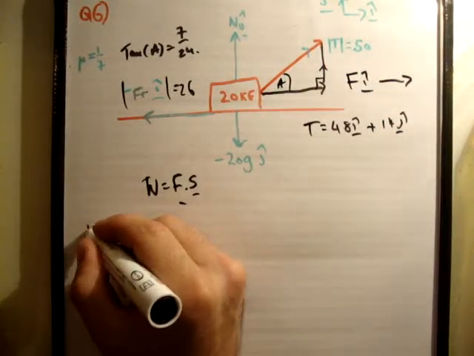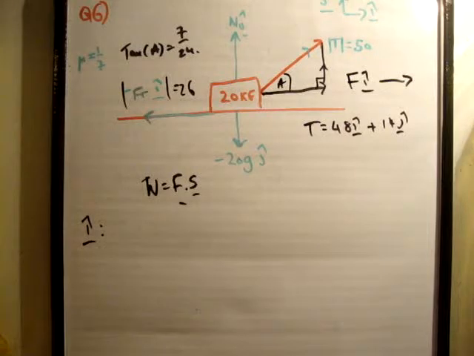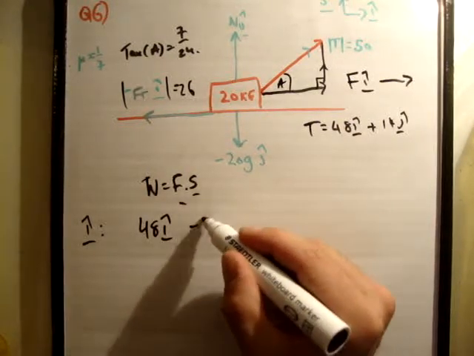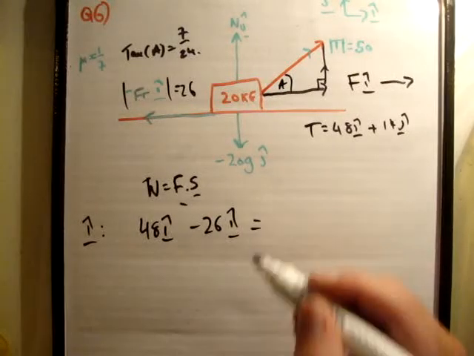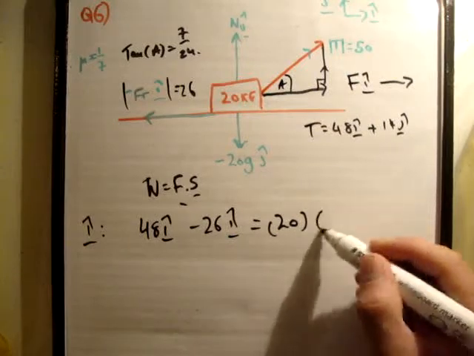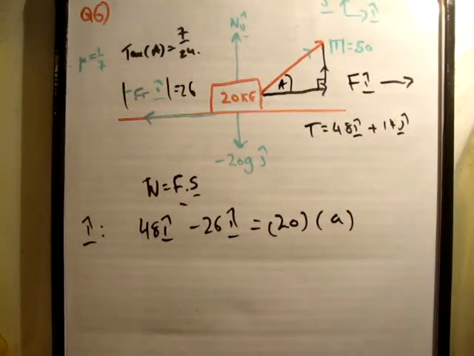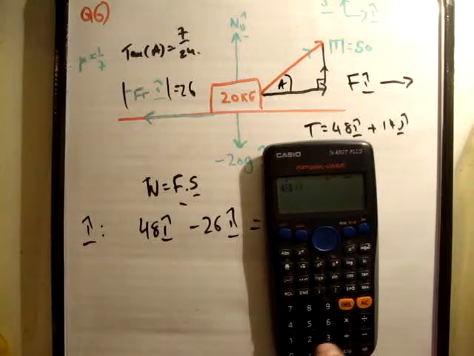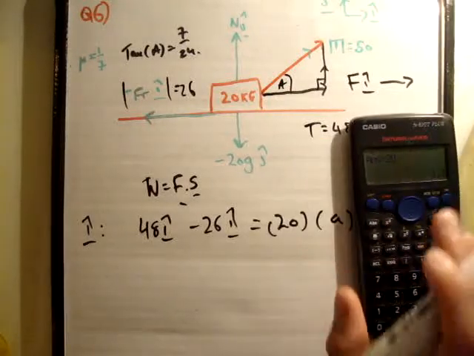So let's apply Newton's second law to the i hat direction. We're going to get the following. You're going to get 48 i hat minus 26 i hat is equal to its mass, which is 20, times its acceleration, which is just a. So let's just work out what that is. So we have 48 minus 26 divided by 20, giving an acceleration of 1.1 meters per second squared.